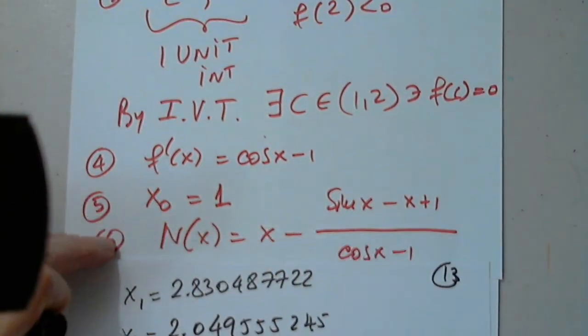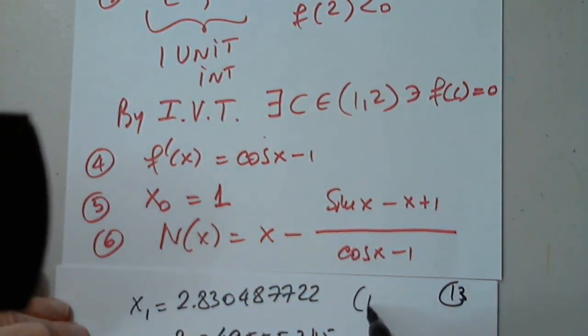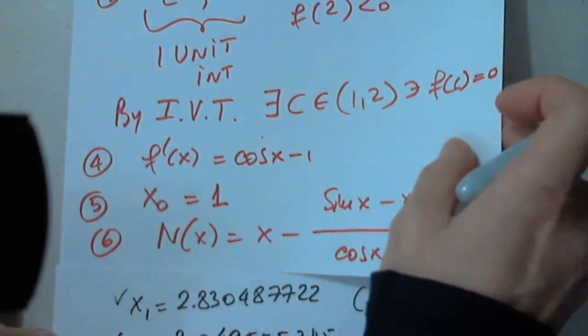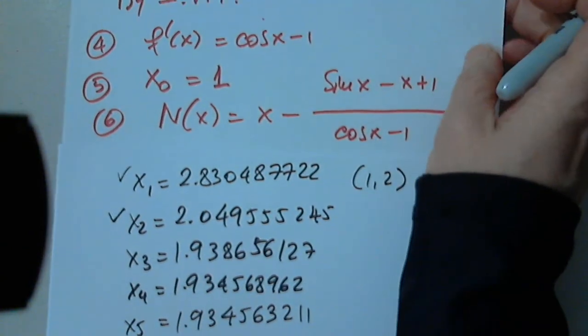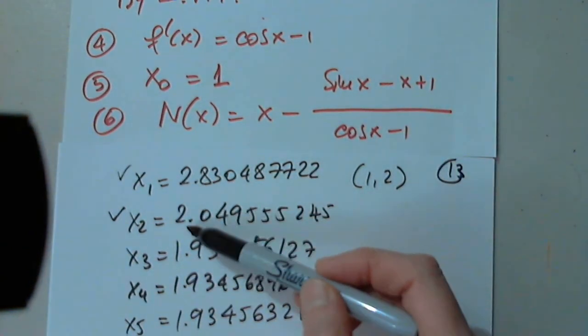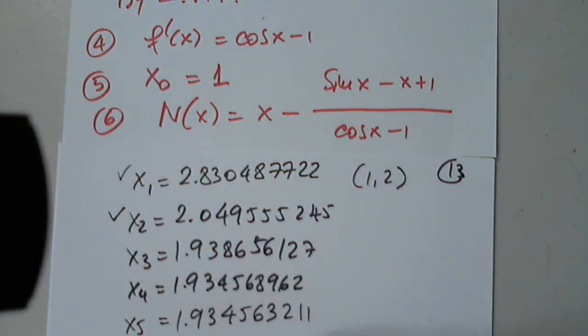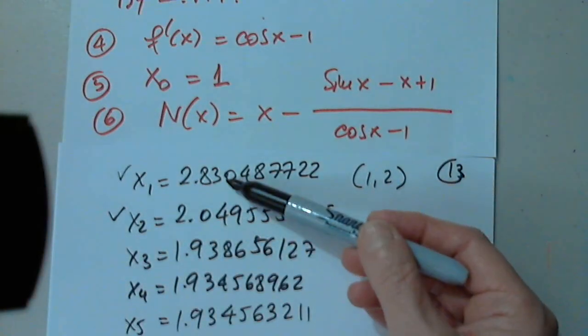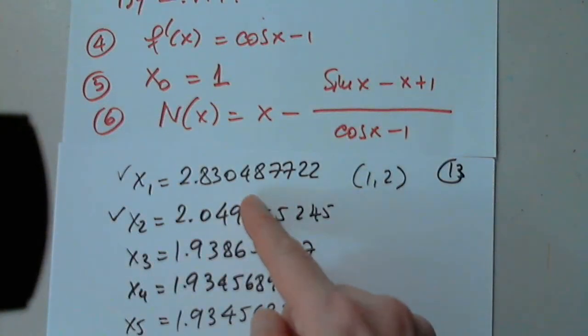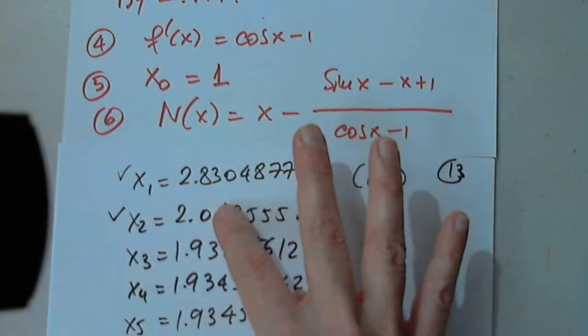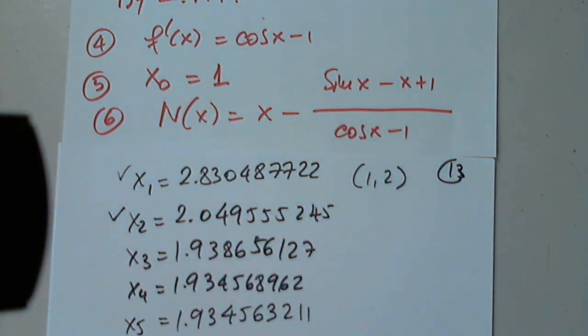Notice that we started with 1, and the solution has to be between 1 and 2. It is possible that it jumps around, but it has to converge, from 2.83 to 2.0 to 1.9 and closer. Normally when I see something like this, I start worrying, but if it converges, then I'm fine.